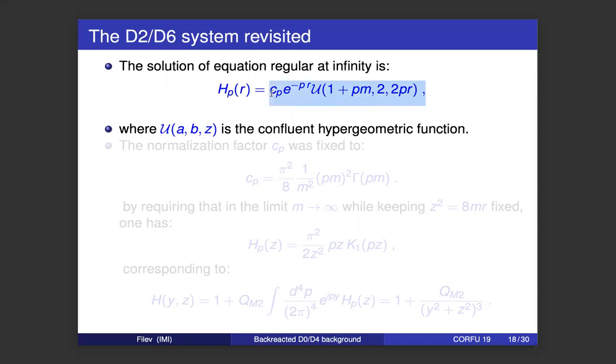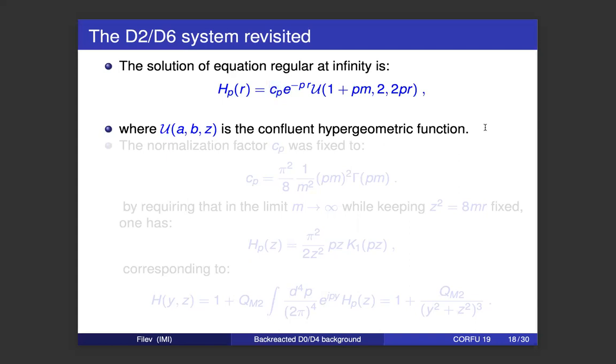And even for them, Cherkis and Hashimoto, at infinity, you could not fix the solution, right? Why? Because C is not just a constant. C is any function of P. And when you put it through the Fourier transform back, it's going to drastically change your solution. What they did was they said, we're going to fix this normalization factor.